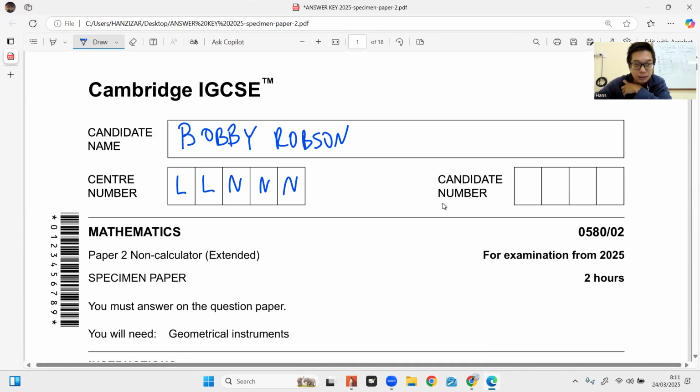Everything has to be in capitals. This year we are doing the non-calculator part, paper 2, which takes 2 hours, so you have to manage your time properly.